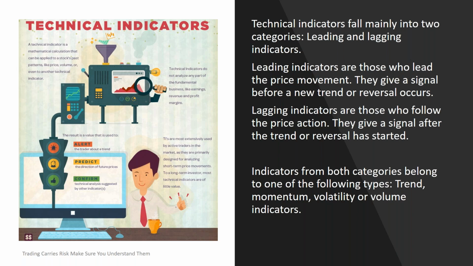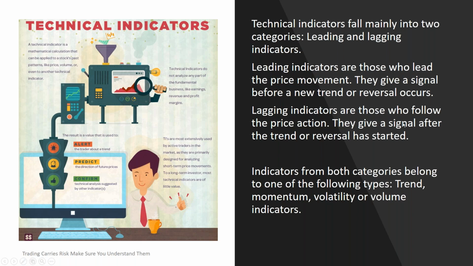So this is why it's very important to understand what type of technical analysis you're going to use with your candlesticks. Candlesticks on their own give you a lot of important information, but indicators are your secondary defense level.